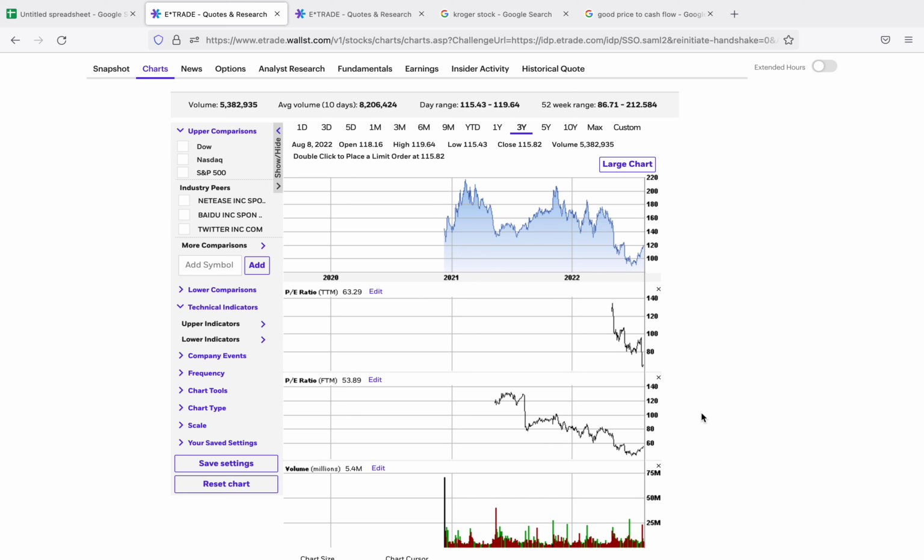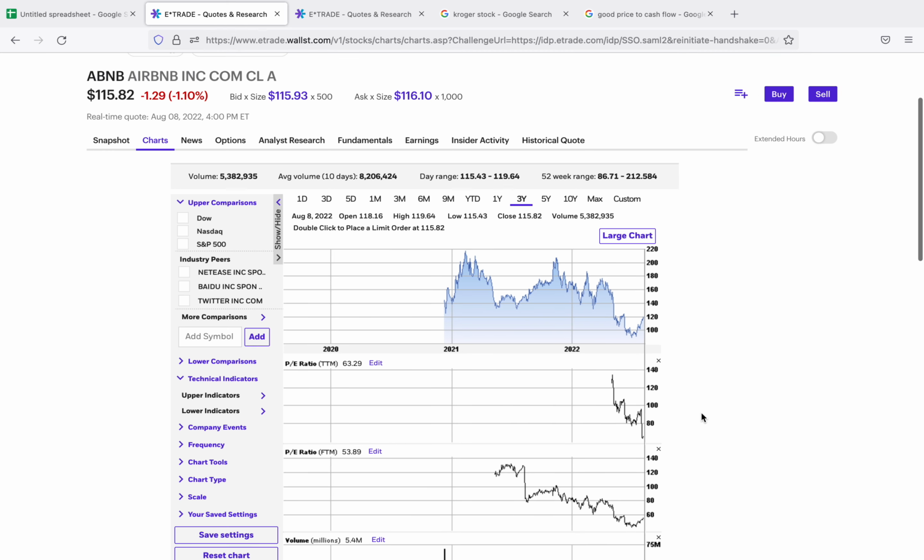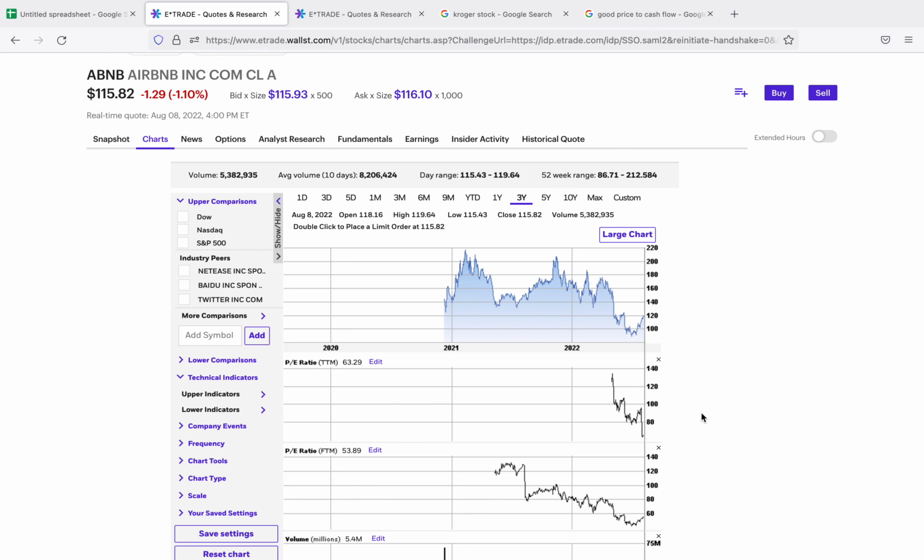Depending on whether it's a growth company, maybe even more. If it's a very basic, solid, well-established company, maybe 15. 63 is really high.